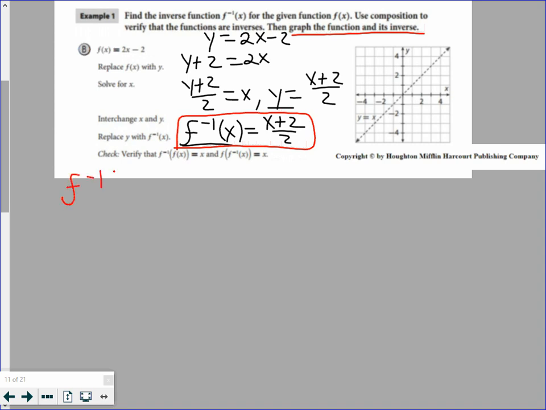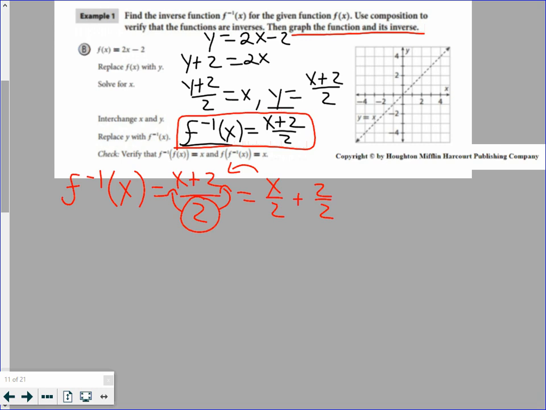So f inverse of x equals x plus 2 over 2. And what I'm going to do is I'm going to take this number right here in the bottom, and I'm going to distribute it to each term on the top, right? So I'm going to change this into x over 2 plus 2 over 2, right? Because if I add x over 2 plus 2 over 2, I get the x plus 2 over 2 I happen to be doing.